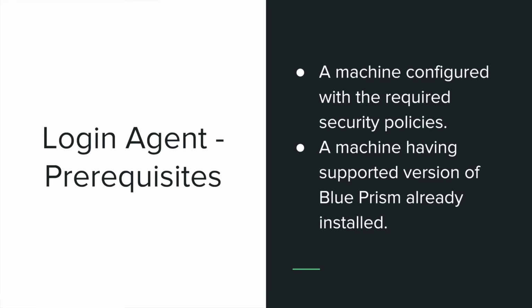The second mandatory condition is that the supported version of Blue Prism should already be installed on that machine. These are the only two prerequisites for the login agent to work properly, and even before we try to install the login agent, these two conditions should be met.